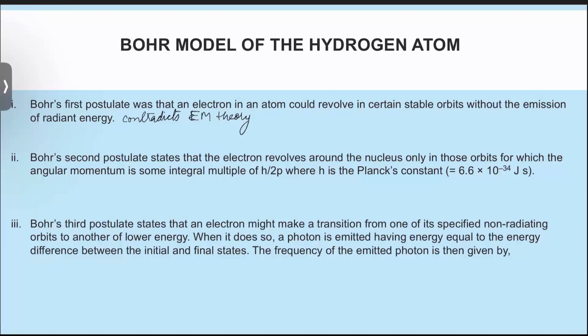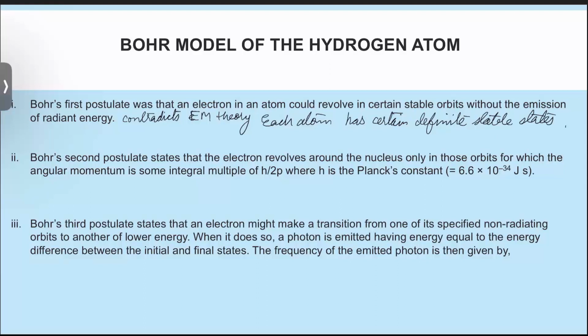So each atom has certain definite stable states. This is what is understood by this postulate of Bohr's theory. The second postulate then defines such stable states.